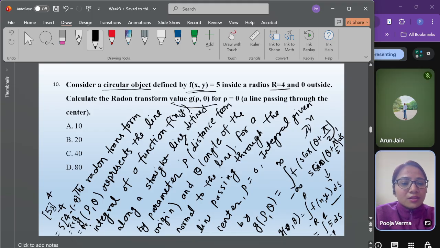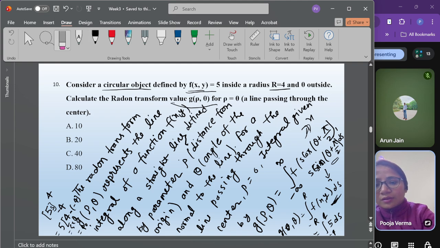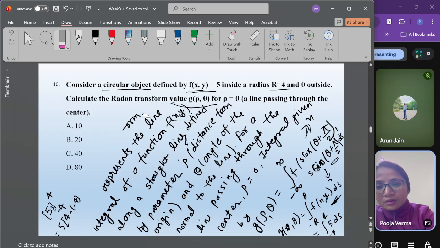For this one we are taking the radius, so minus r to r will be the variation. For a line passing through the center this equation became this one, and if you integrate with respect to s you will get this. Let me write it clearly so that it is clear to all of you.